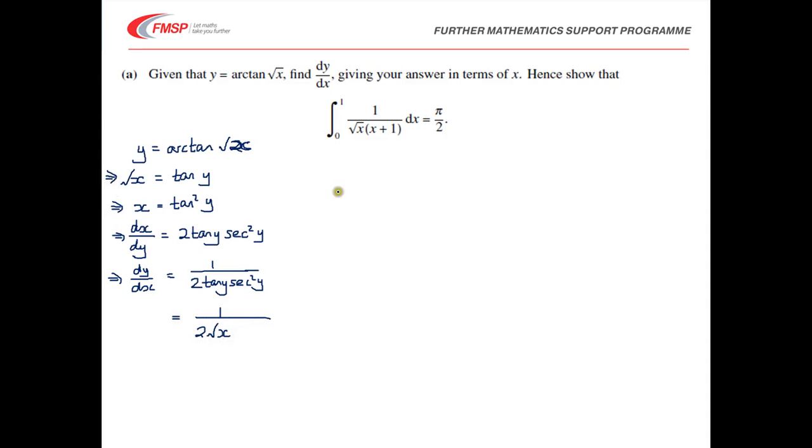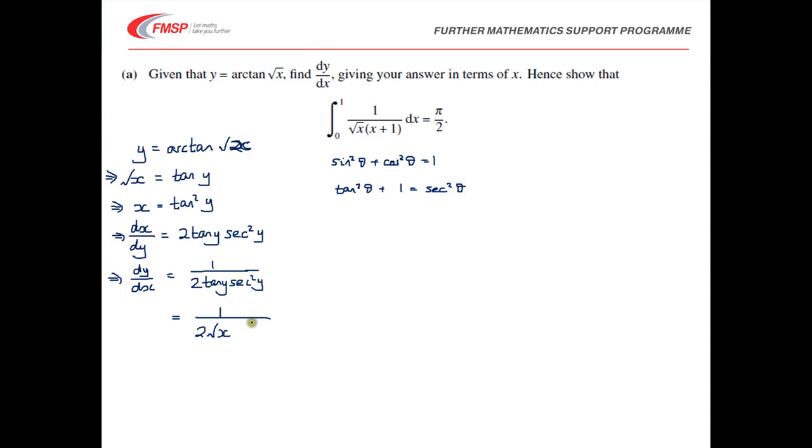For sec squared, I'm going to need to use an identity. There's one relating tan and sec. You may have memorised all of these, but they're quite easy to work out in the exam if you prefer to do it that way. Sine squared plus cos squared is 1, it's the one that everybody remembers. And if you divide through by cos squared, you'll get tan squared plus 1 is 1 over cos squared, which is sec squared.